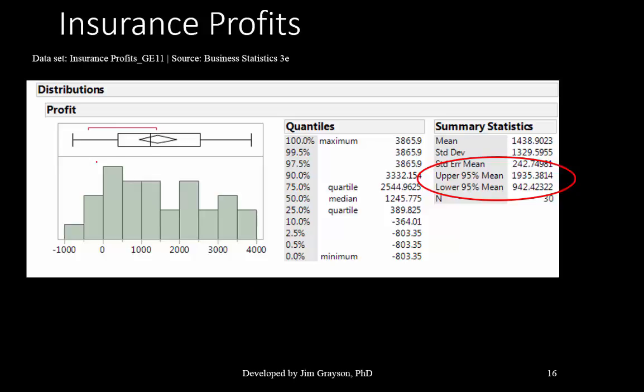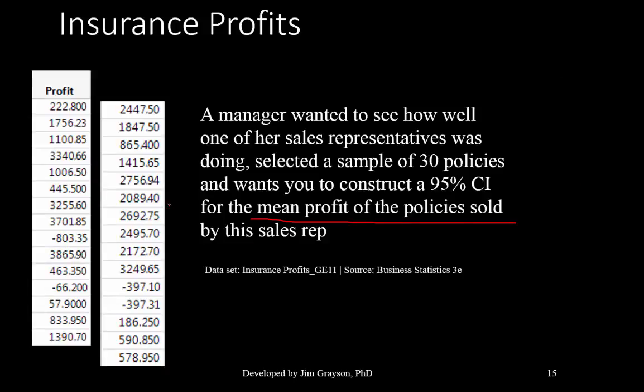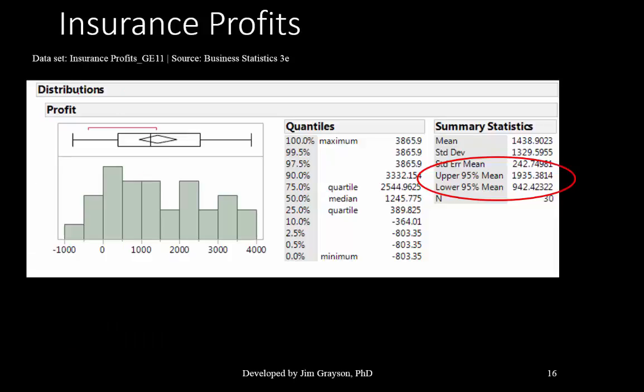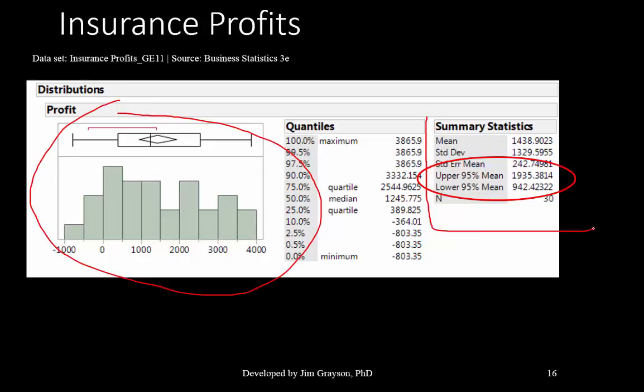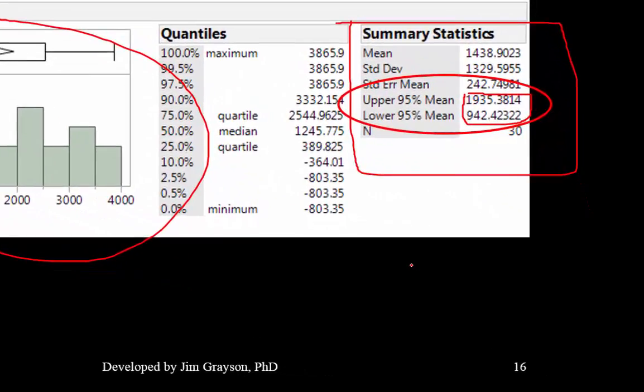From that data set, we just do analyze distribution. Then we're going to automatically get this result here, the histogram and the summary statistics, of which we're given that 95% confidence interval. 95% confident the true population mean is in the interval 942 to 1935.